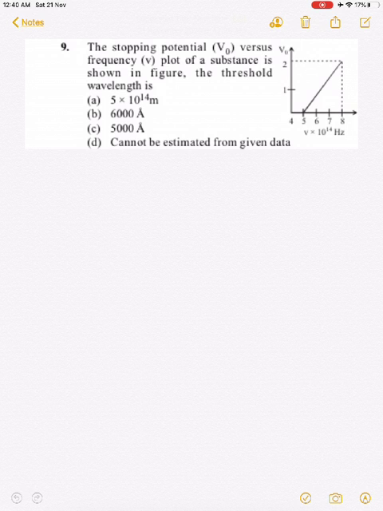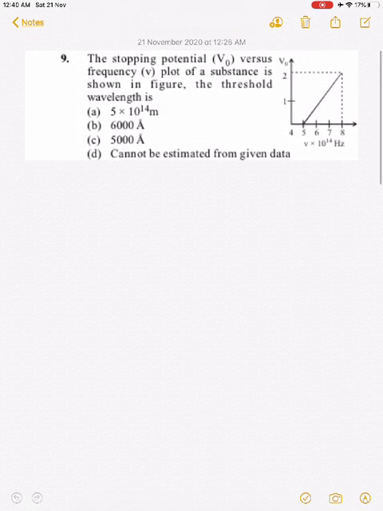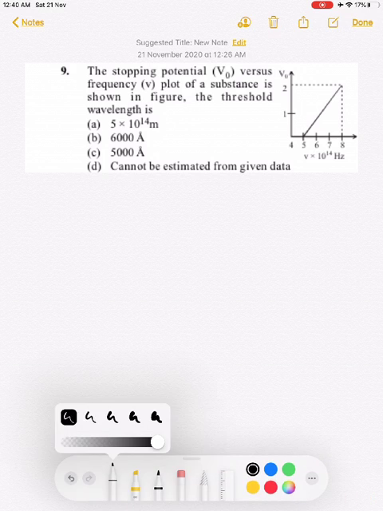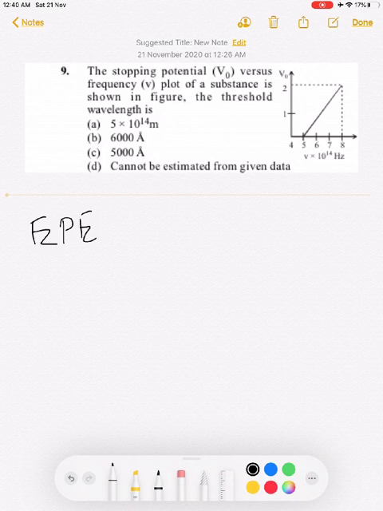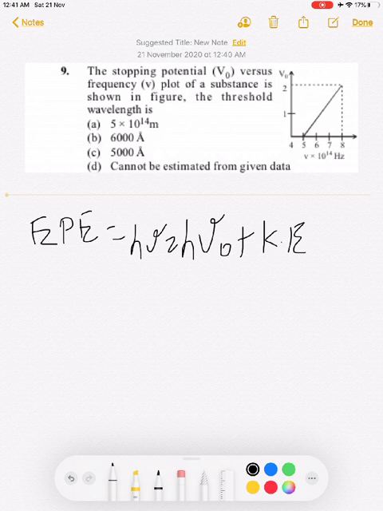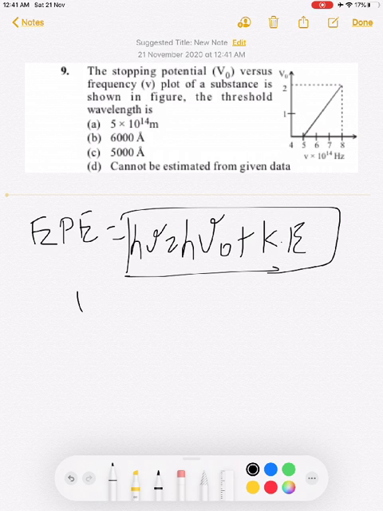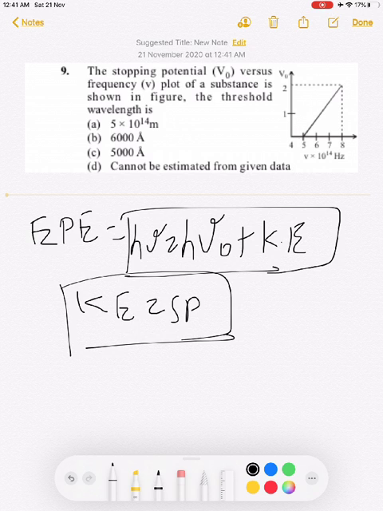As we have discussed in the earlier problem, Einstein's photoelectric equation is h mu is equal to h mu naught plus kinetic energy. We know the kinetic energy should be the same as the stopping potential.